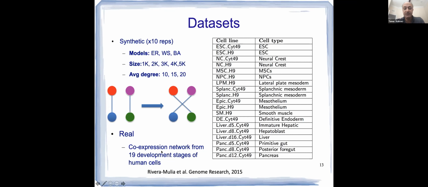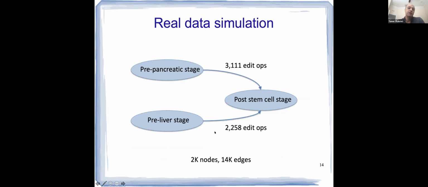For the real data set, we use a data set that we generated in one of our previous papers. This is a data set from human embryonic stem cells and their evolution into different tissues. We particularly focus on pancreas and liver. So there are 2 pathways of evolution in our data set, stem cell to pancreas and stem cell to liver.